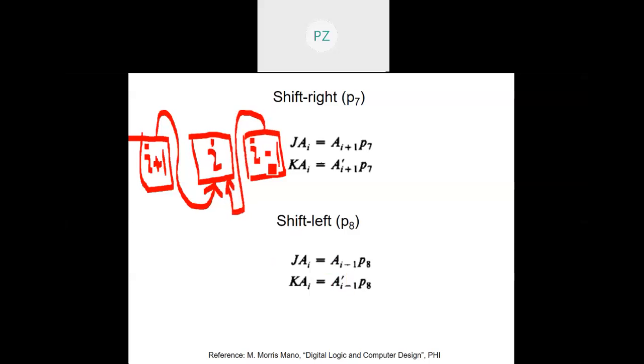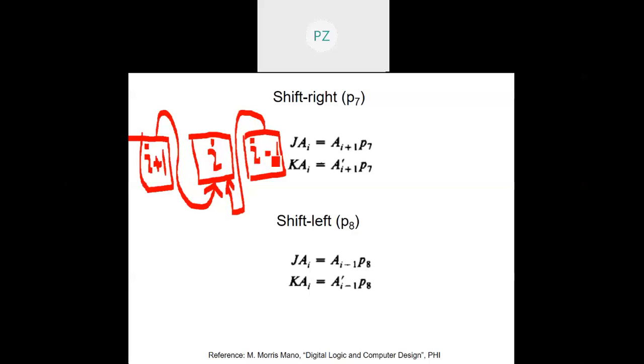So whatever is stored here will go to the J terminal, and the complement of it will go to the K terminal of the ith stage. So if suppose you have a 0 here, 0 will come to J and 1 will come to K, so it will get reset. That means 0 has shifted to i, from i minus 1 to i, which is like shift left.